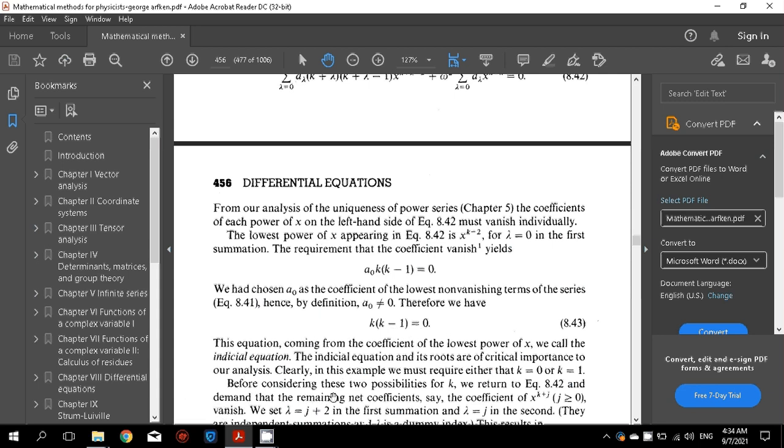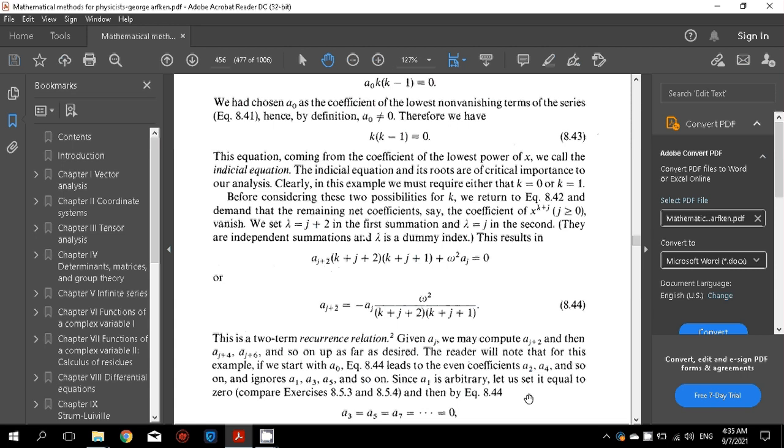Before considering these two possibilities for k, we return to equation 8.42 and demand that the remaining net coefficient, say the coefficient of x to the power k plus j, vanishes. The next step is that we will now compare the coefficients of the general power of x. In obtaining the indicial equation, we compared the coefficients of the minimum power of x, but now we will compare the coefficients of the general power of x.